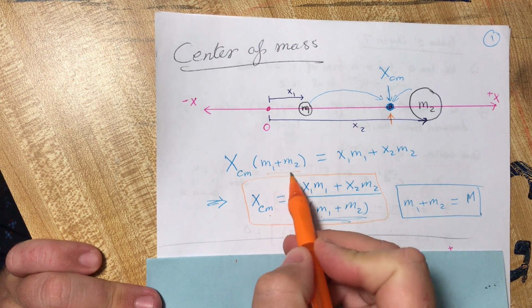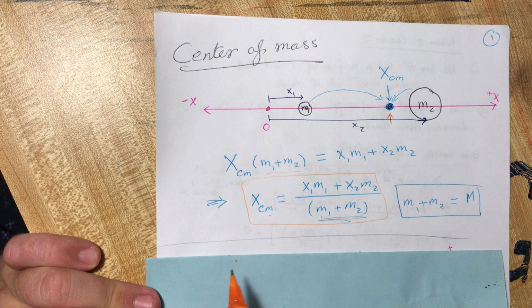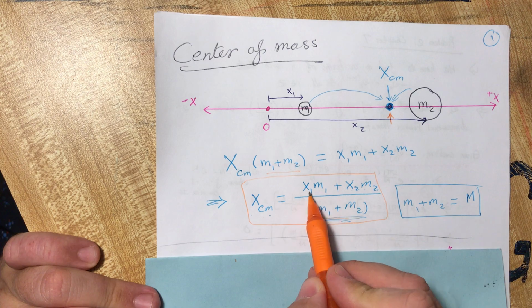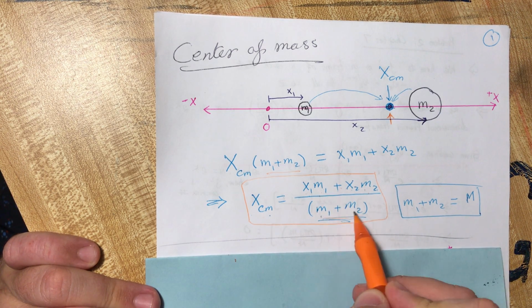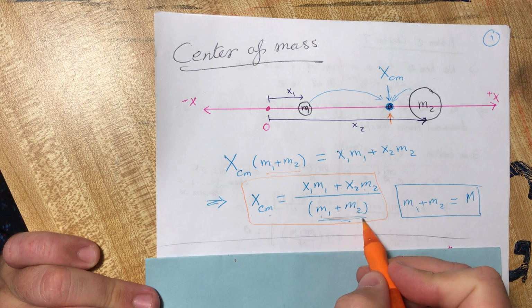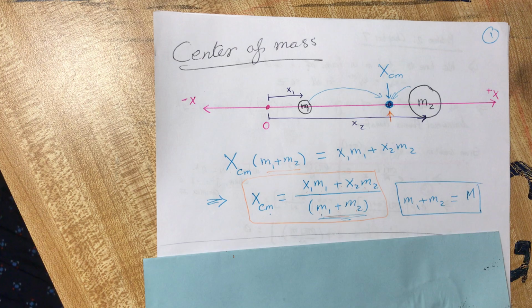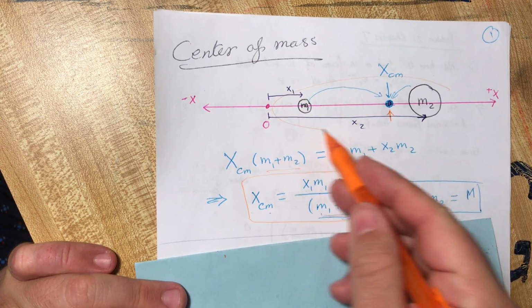We can divide by m1 plus m2 this way. So x center of mass will be equal to m1 x1 plus m2 x2 over m1 plus m2. We need to know that m1 plus m2 is M capital, which is the total mass of the system.